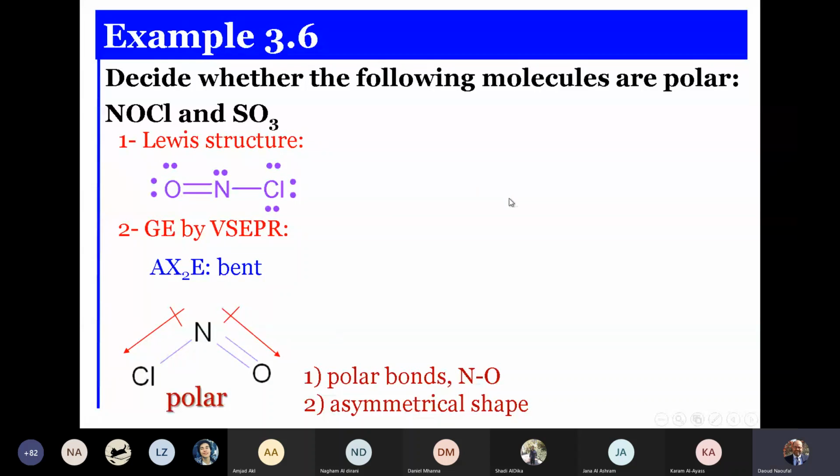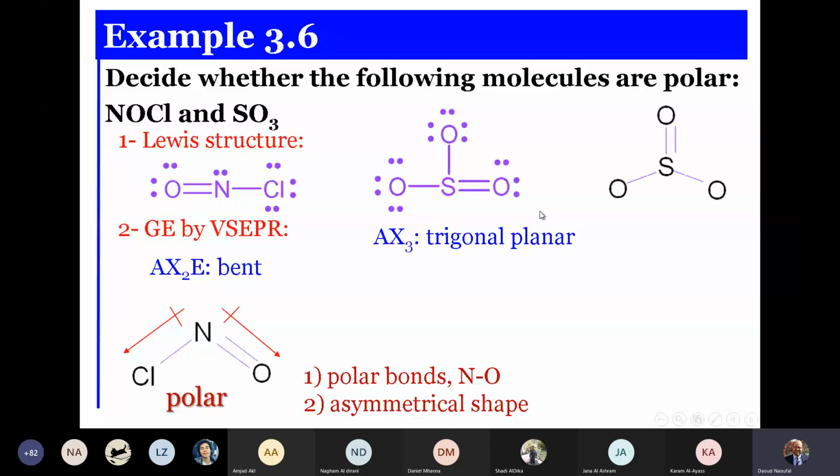We pass to SO3. We draw the Lewis structure. Then we have to deduce the geometry. The geometry is AX3E0. So the figure of repulsion is trigonal planar, and the geometry is also trigonal planar. Which is more electronegative, oxygen or sulfur? The oxygen is more electronegative than sulfur.